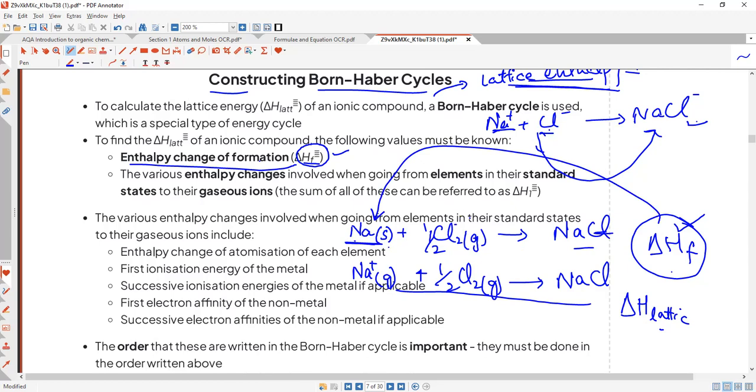So that's why that energy released is called enthalpy change of formation. But the lattice energy definition is when one mole of a compound is formed from its gaseous ions. Definitely both of these are different. So in the Born-Haber cycle, sometimes we want to find the enthalpy of formation and sometimes the enthalpy of lattice.